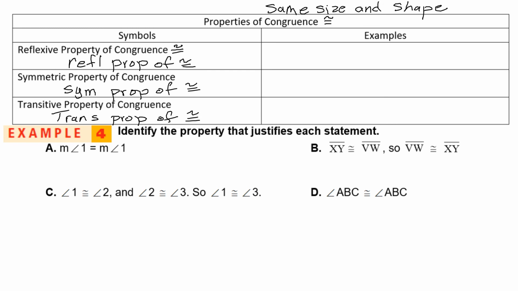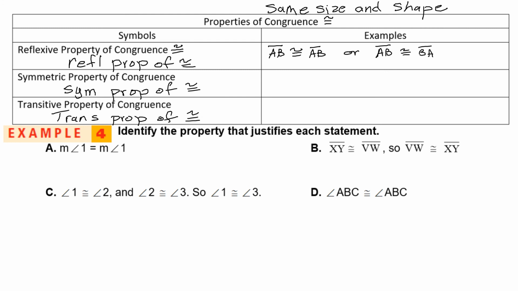So our first one here, for reflexive is that segment AB is congruent to segment AB. You could also have segment AB being congruent to segment BA.